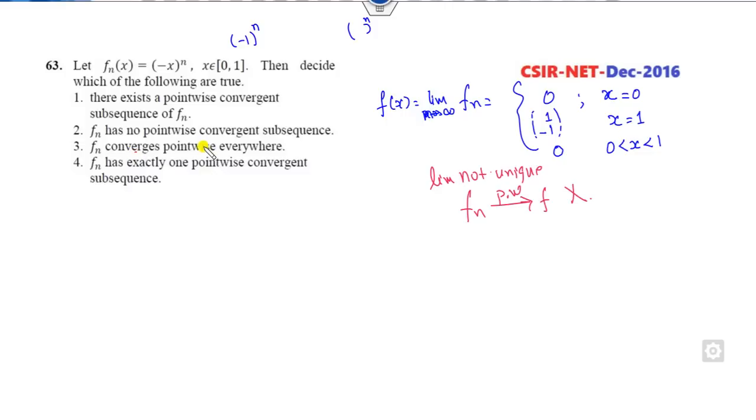So f converges pointwise everywhere, cancel out. F has no pointwise convergent subsequence. So when will it be pointwise? When you get the same limit.